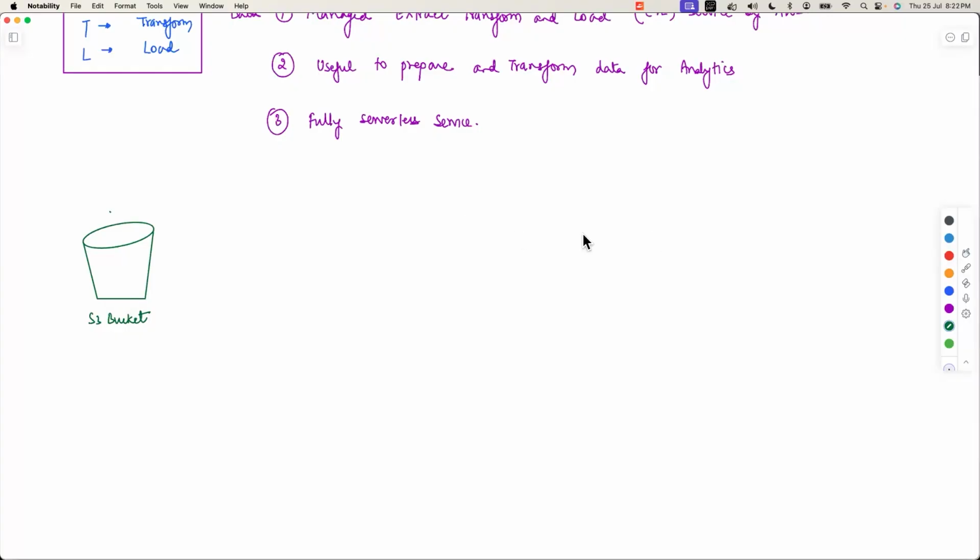The most popular SQL database in AWS is what? What is the database you use in AWS? Come on, everyone. RDS. Very good. And DynamoDB is a NoSQL database, right?